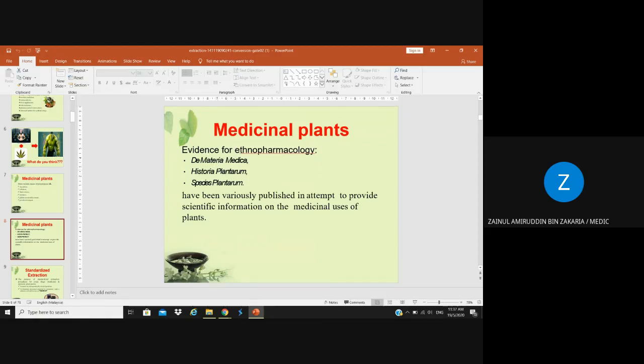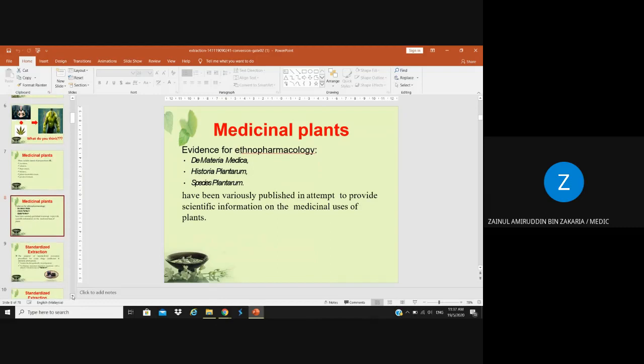Sometimes for Chinese medicinal plants and Indian medicinal plants, you need to get from the source directly, from the Indian Ayurvedic books, Chinese TCM, Chinese traditional medicine books. You can get information from there. But these are the main ones that have been compiled for your study.